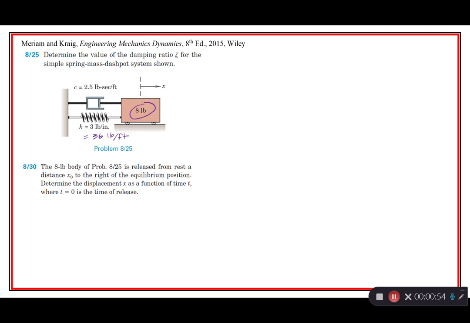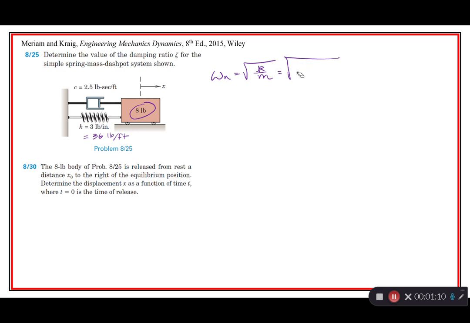So first we find the natural frequency, the square root of K over M. As we saw in a previous problem, K goes on top.